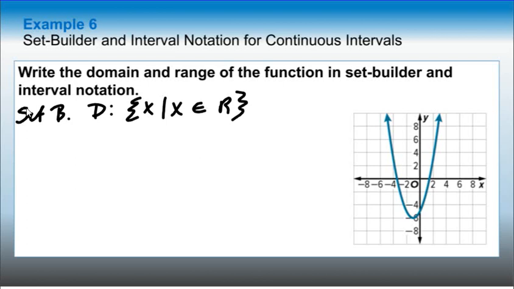That is one way to say that. Or you can just say x is all real numbers. The range in set builder notation would be y such that y is greater than or equal to -6.